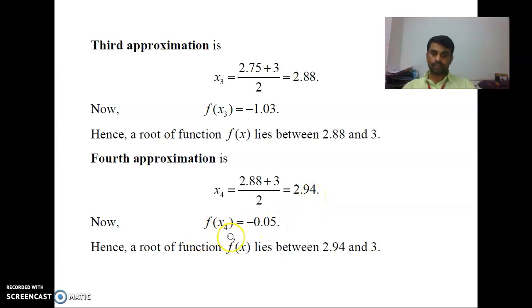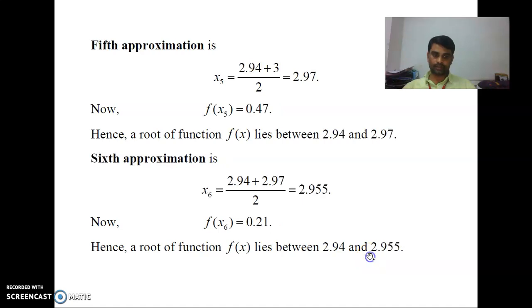Then we calculate the value of f of x4. It is minus 0.05. Then the root lies between 2.94 and 3. Then we calculate the fifth approximation. So x5 is 2.94 plus 3 divided by 2. So it is 2.97. Then we calculate the value of f of x5. It is 0.47. Then the root lies between 2.94 and 2.97.